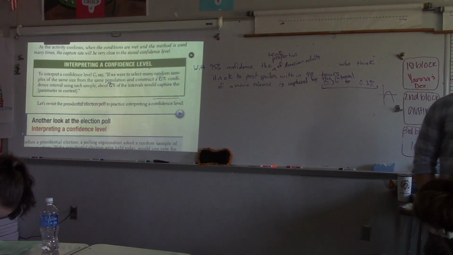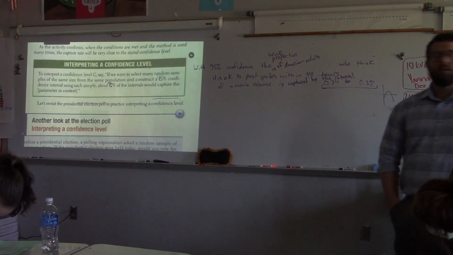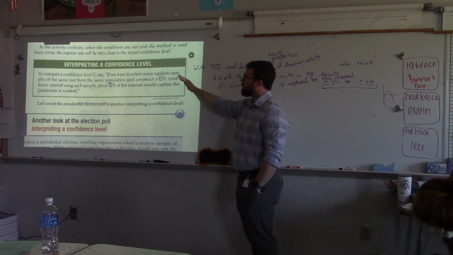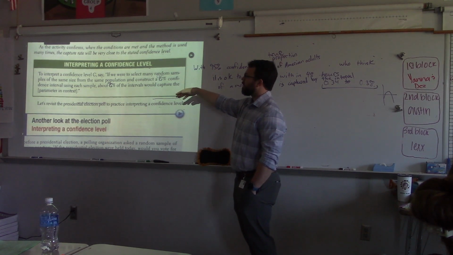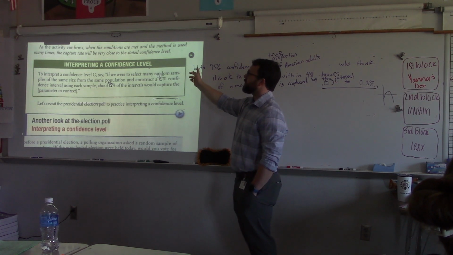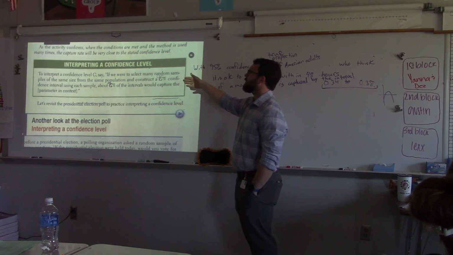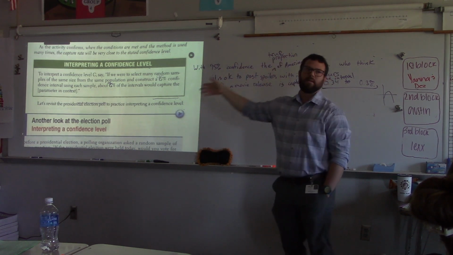Can you repeat that one more time, Mr. Kenny? How I would word it: in the long run, confidence intervals of random samples of the same size should capture whatever the parameter is about 95% of the time.